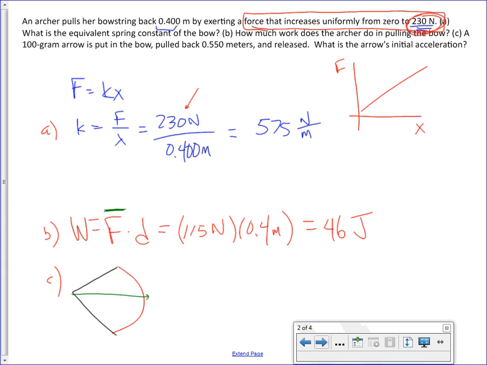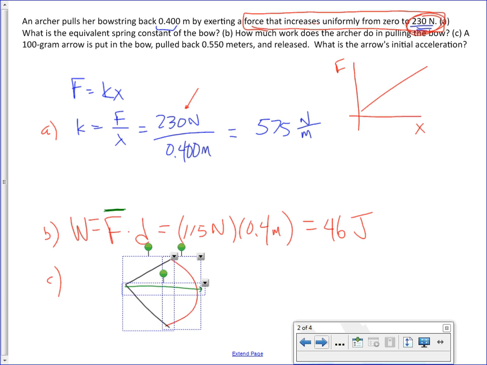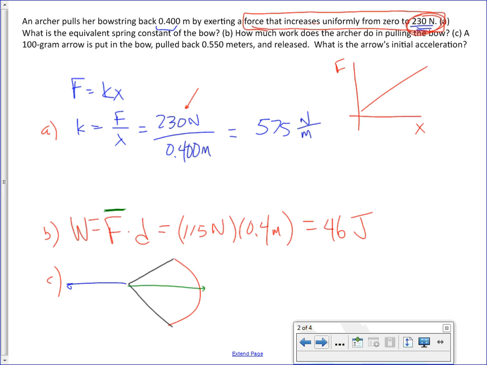For the whole thing to look like that, we'd have to have a force that we are applying. What stinks is this is not supposed to be a vector. It's supposed to be the actual arrow. So if we draw a free body diagram for the arrow, it looks like this.